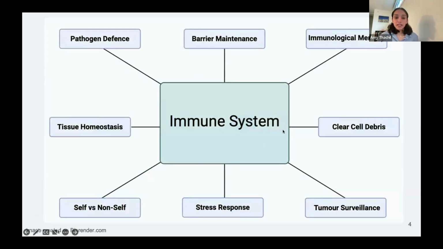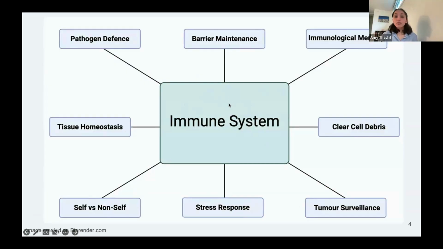Okay, so getting into it, before we tell you about how the immune system functions, we want to tell you a little bit about what the immune system is. Very broadly speaking, the immune system can be thought of as a complex defense network that's made up of different organs, tissues, cells, and molecules that are all designed to protect us from external threats.